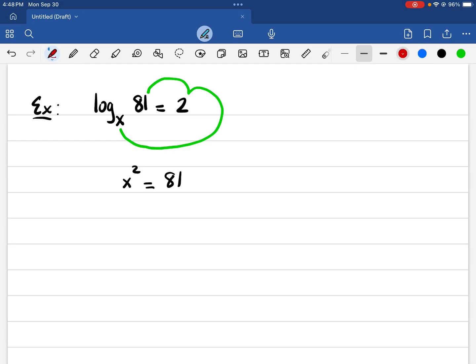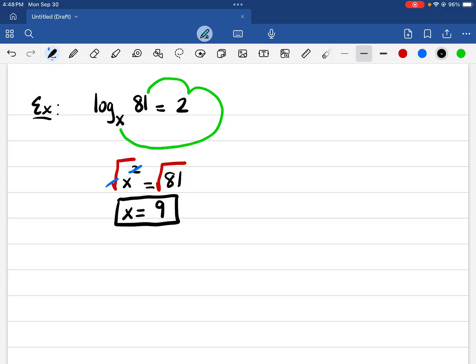Because remember we talked about inverses the other day. The inverse of a squared is to take the square root of it. So I could take the square root of both sides here. And that's going to allow that square root and square to cancel each other out, leaving us with just x. And then the square root of 81, hopefully we know that, that is 9. So we can get x equals 9.